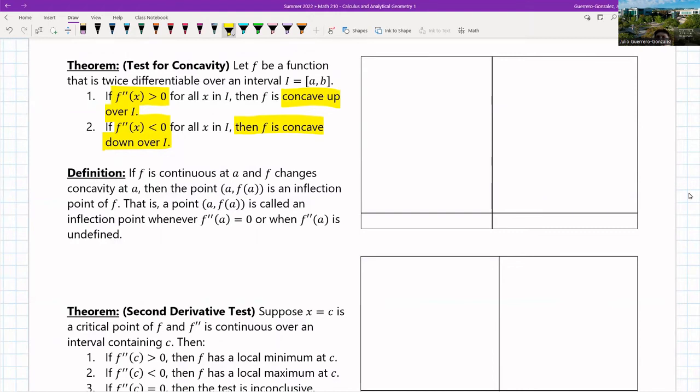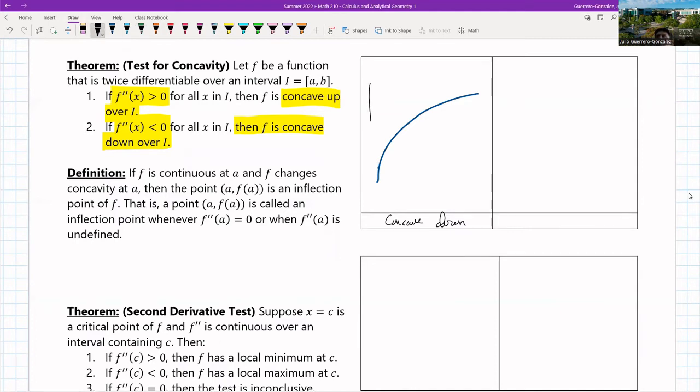Does that make sense? So let me go ahead and do the same thing. If we have one of these, this is concave down. At every point here, let me draw an x and y here.